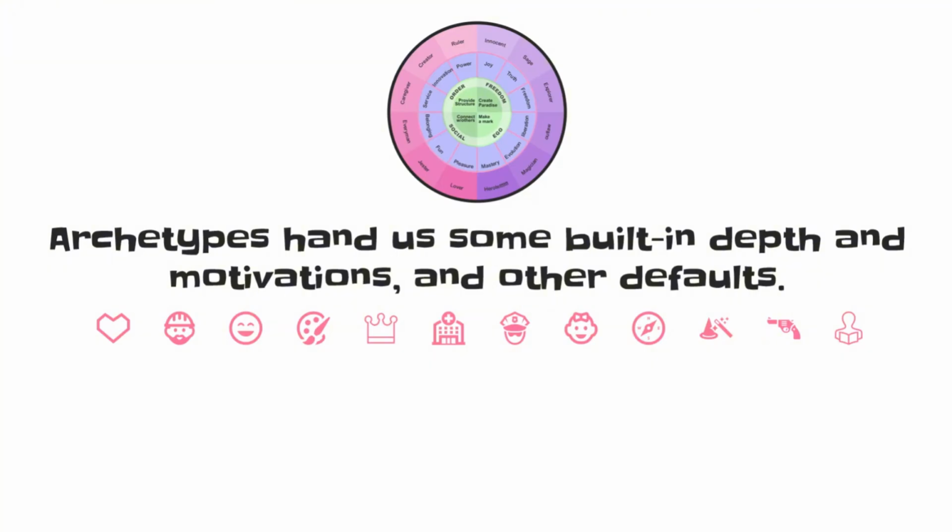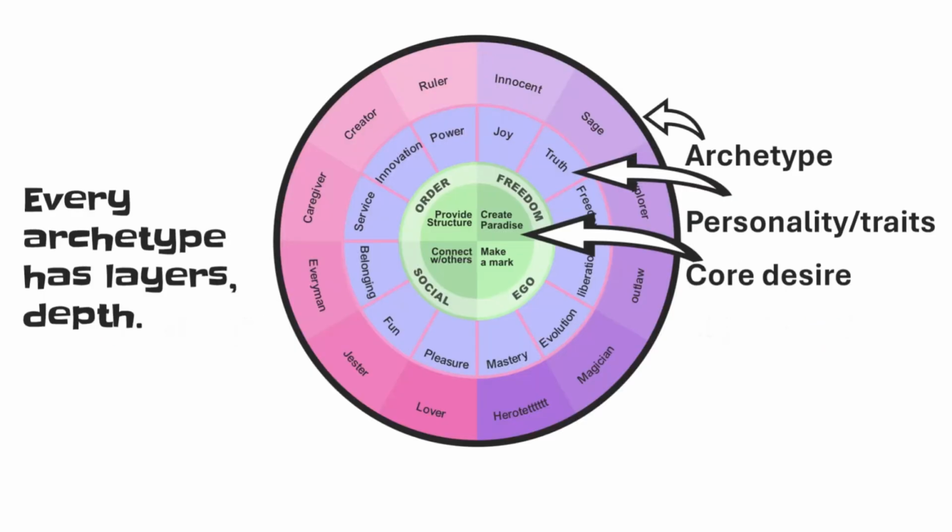Archetypes hand us some built-in depth and motivations and other defaults, which is what I was basically just saying, but it's worded here, so it must be true, right? One more layer for the archetypes. Every archetype has layers in depth. We've got the archetype, the personality and traits, and the core desires. And these are all core. These are all just baseline. You can steal from these. The sage, they are a truth seeker or a truth speaker.